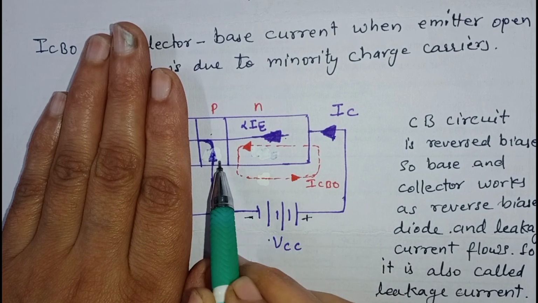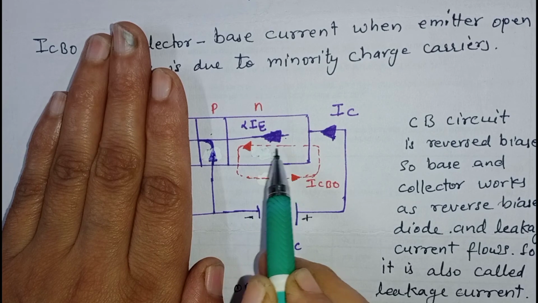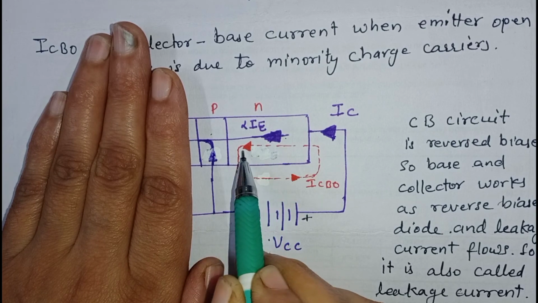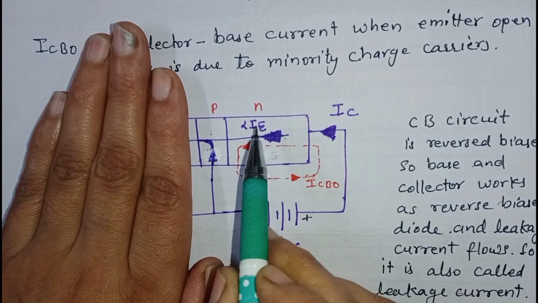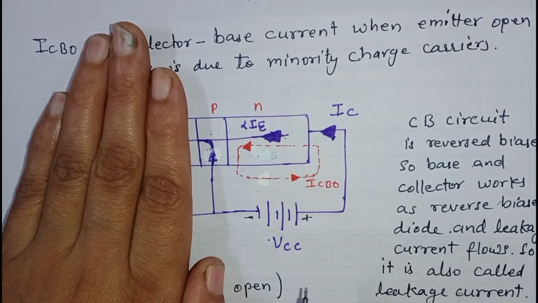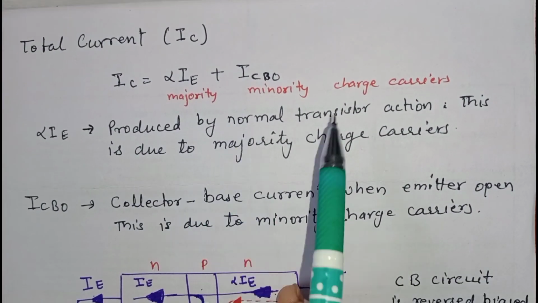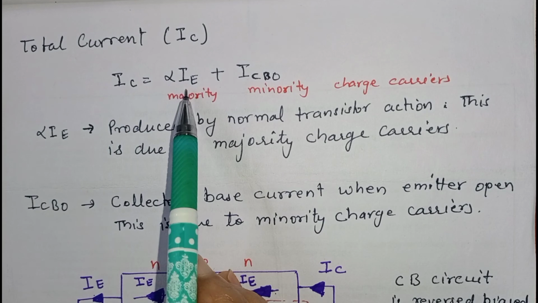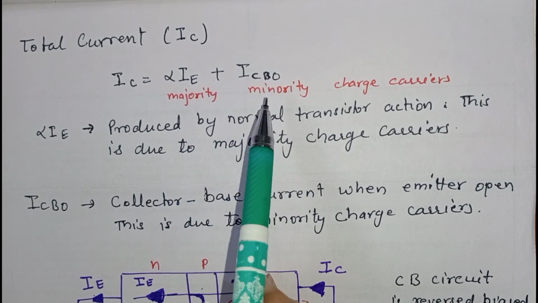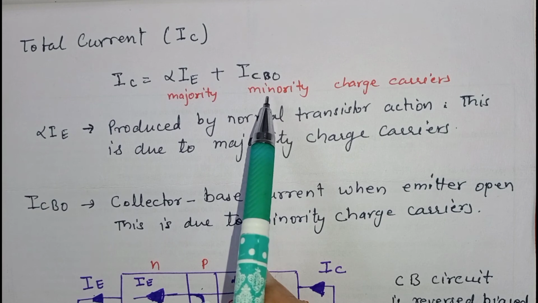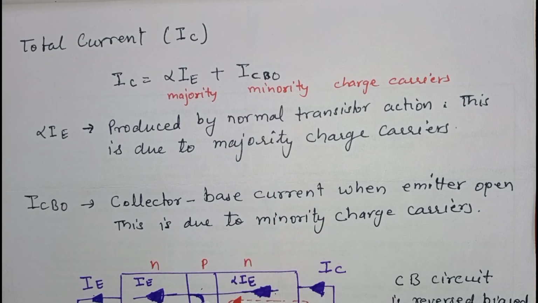So electrons flow from this region to this region and constitute the current, and the current flows in this direction. So this is added to the current due to majority charge carriers. So the complete equation for the current in common base is IC equals alpha IE, which is due to majority charge carriers, plus ICBO, and this current is also called leakage current and it is due to minority charge carriers.